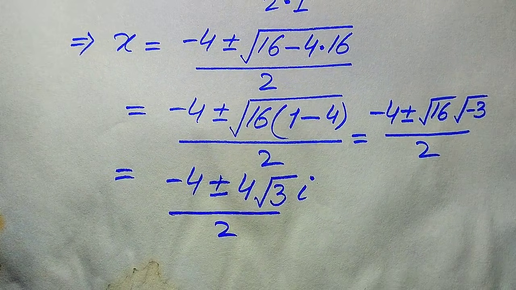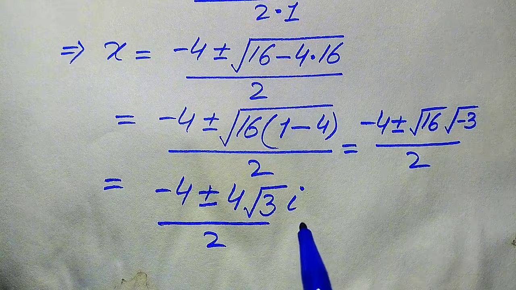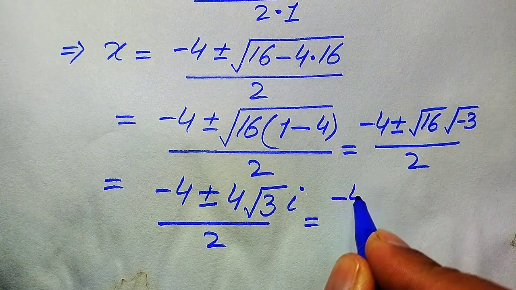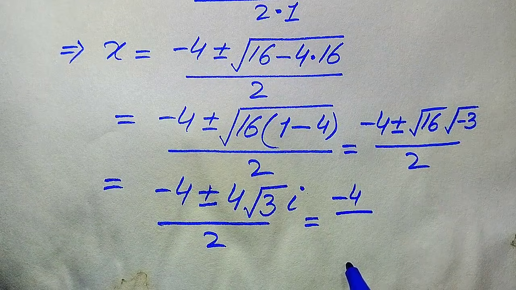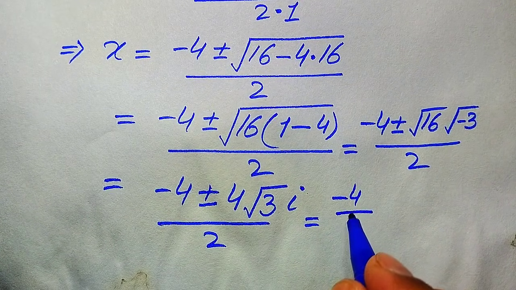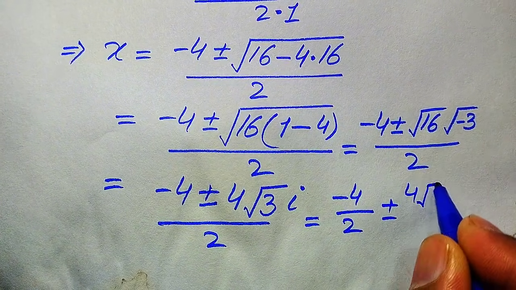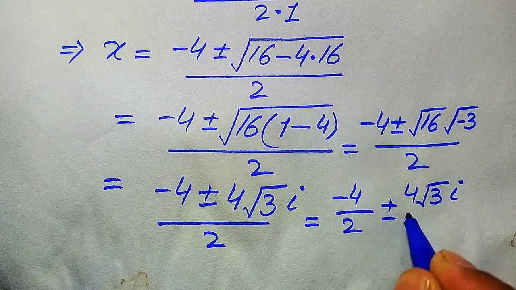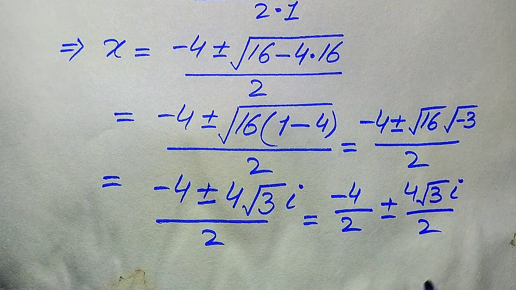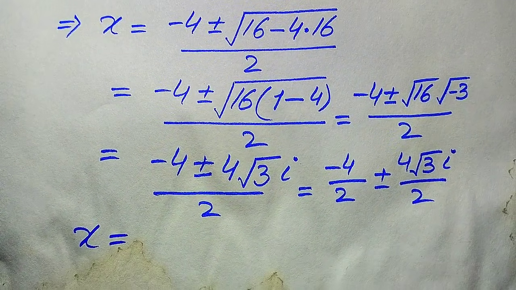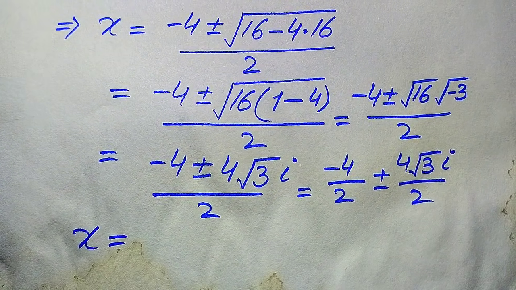In the final step we just break this fraction, and we apply the division separately on both of these two values in order to write our answer in simplified form. We write this term as minus 4 divided by 2 plus minus 4 times square root of 3 iota, divided by 2. So finally the other two roots are complex roots.